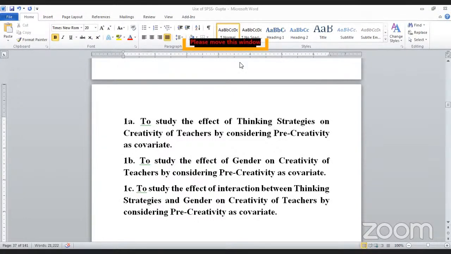Yes, whenever you have two discontinuous variables, there will always be an interaction, because interaction is always there whenever there are two or more discontinuous variables. So that has to be there. Do you want me to write the objectives by using adjusted mean?